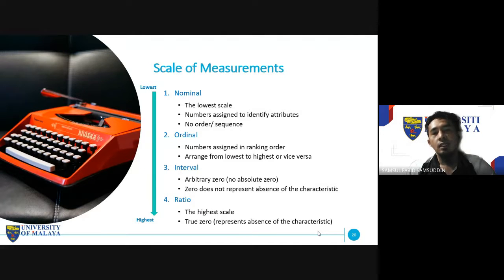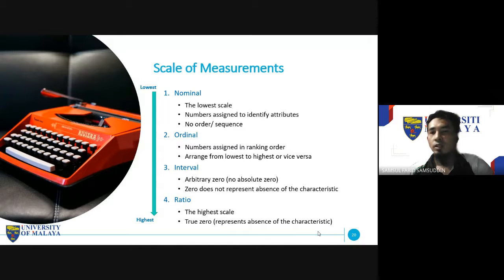Okay, these are the scales of measurement, either your variables or your data in terms of nominal, ordinal, interval, or ratio. This one you will learn more in your statistics course. So nominal is the lowest scale, numbers assigned to identify attributes.